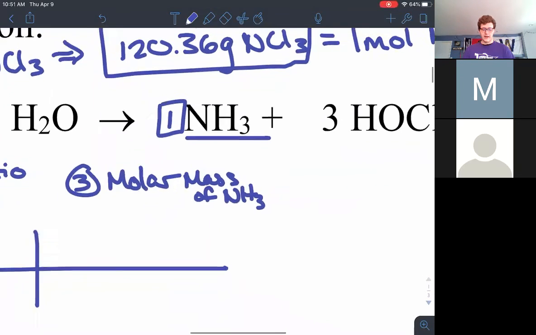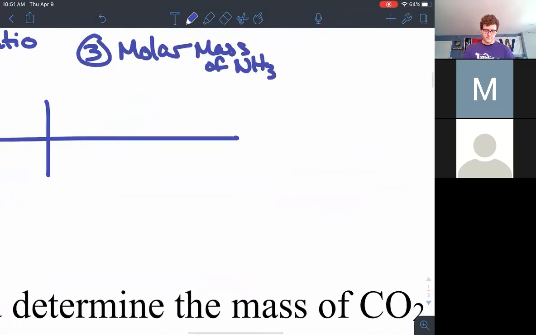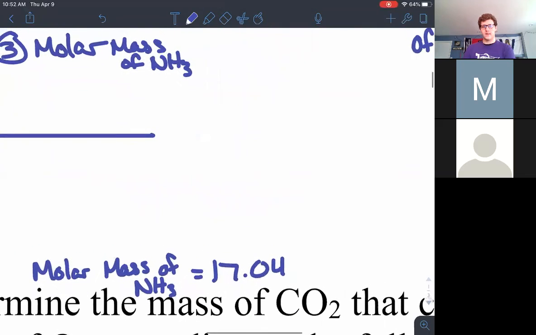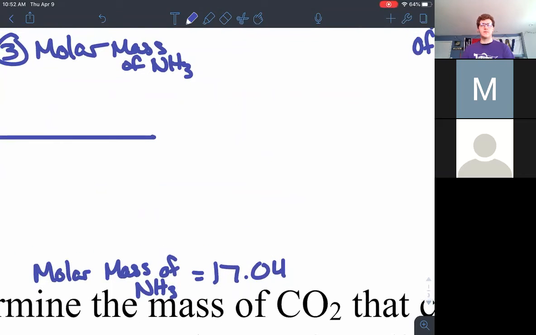Of NH3? 17.04. 17.04 what? Grams per mole. Perfect.